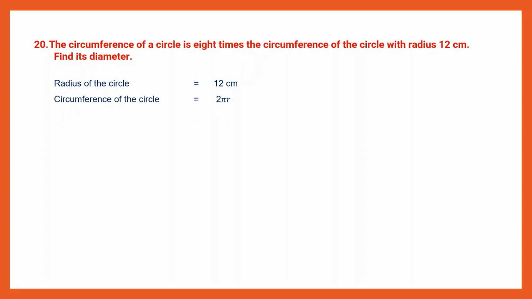Circumference of the circle, the formula is 2 pi r, which is 2 into 22 by 7 into r, and r is 12 centimeters. So this is 2 into 22, which is 44, 44 into 12. So let's multiply 44 into 12. 2 fours are 8, 2 fours are 8, 0, 1 fours are 4 and 1 fours are 4.